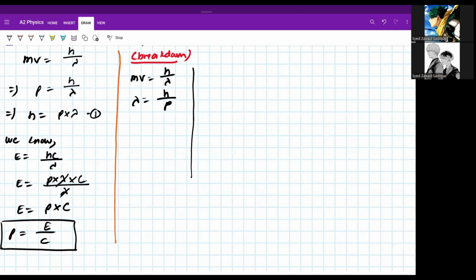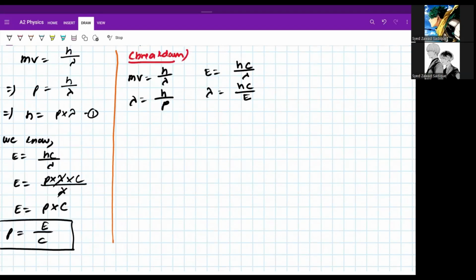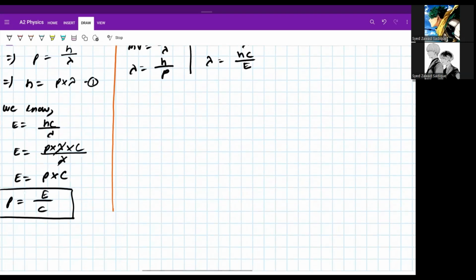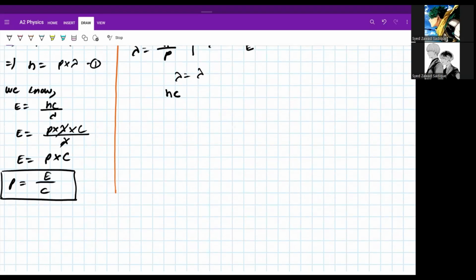Now here we know energy is equal to hc by lambda, so lambda is equal to hc by E. Now let's equate lambda to lambda. Then we can say hc by E is equal to h by p.